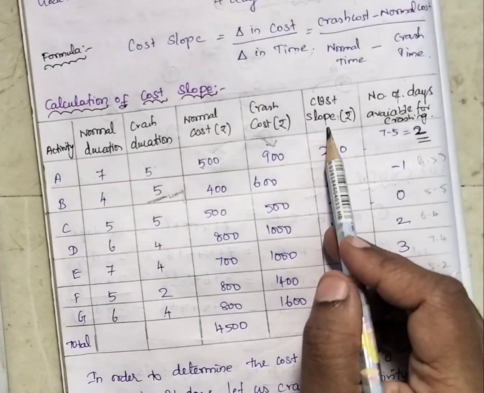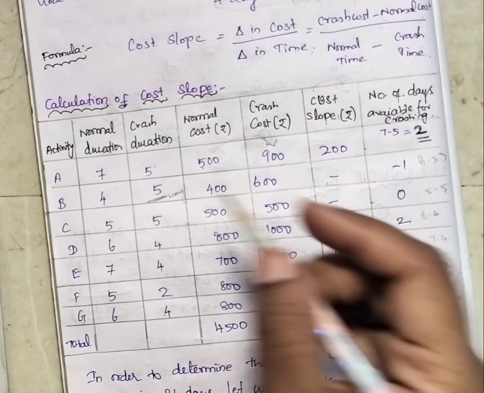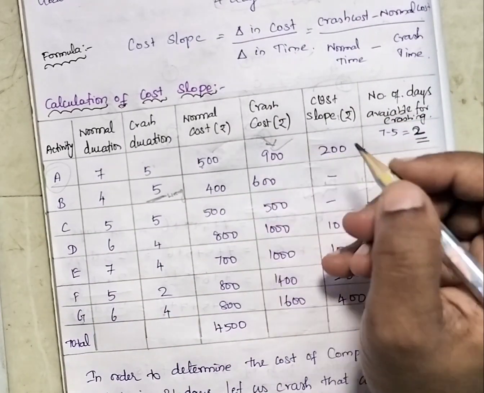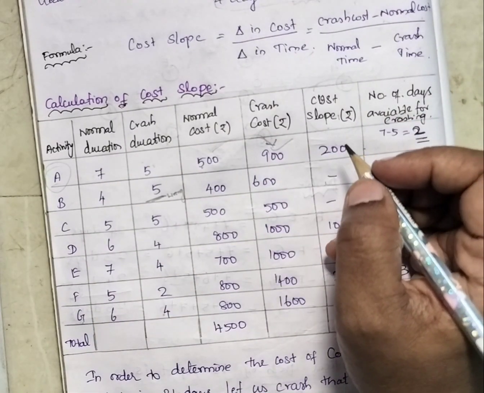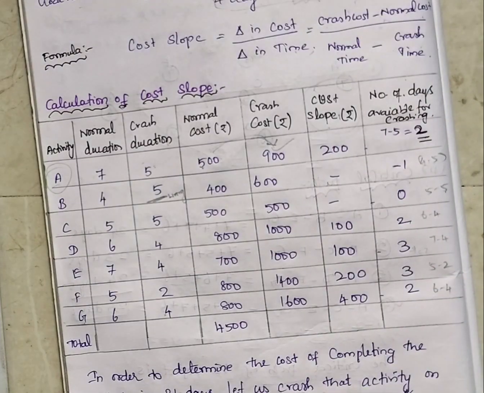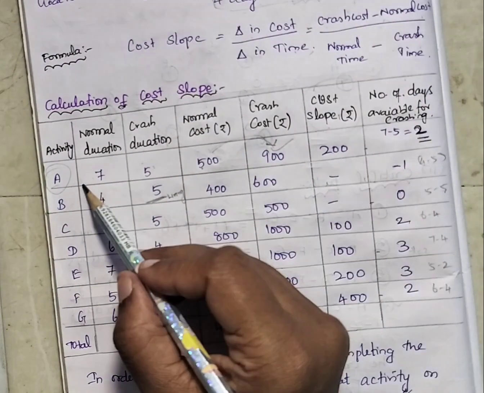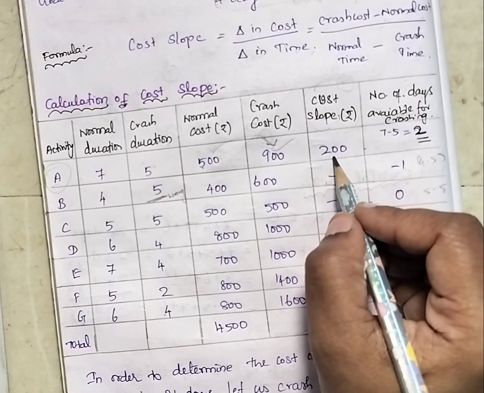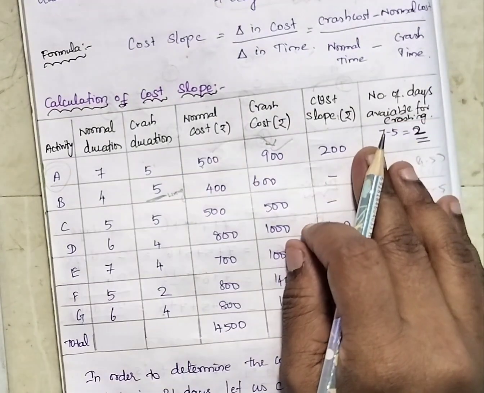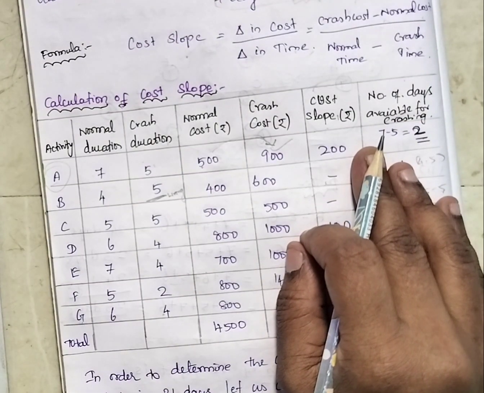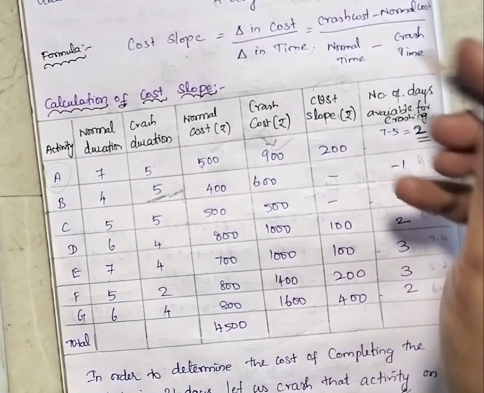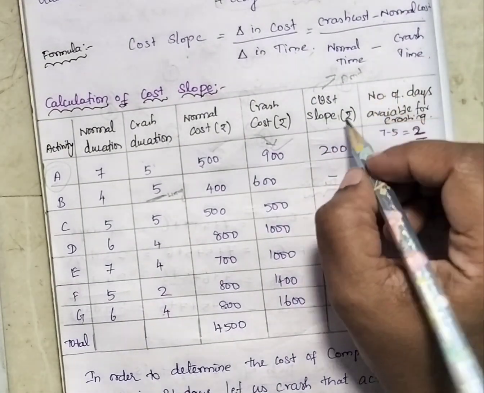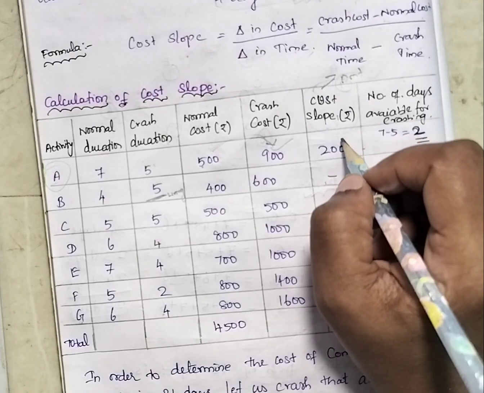The cost slope is nothing but, for each activity, how much is the crash cost per day. For reducing an activity by 1 day, how much money we need to spend. That is called cost slope. Simply, the cost slope means the amount needed to reduce the activity by 1 day.